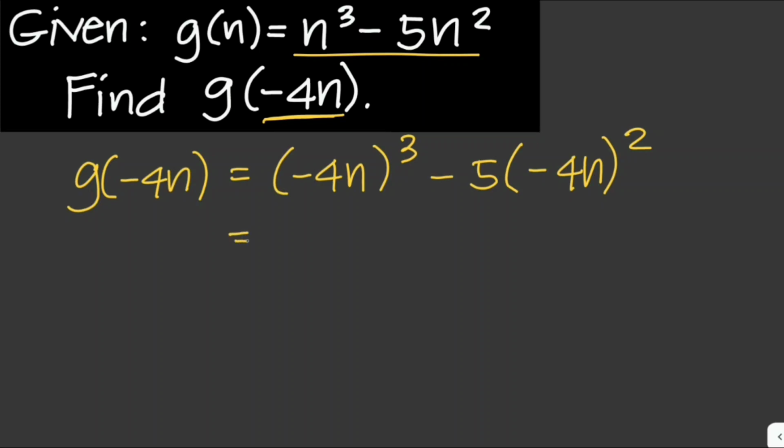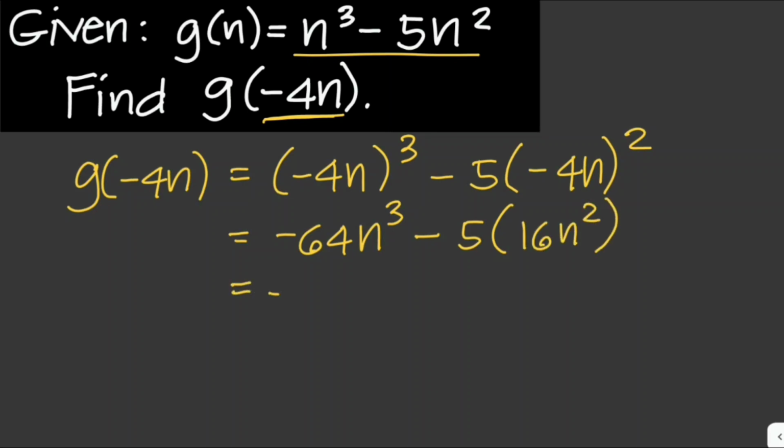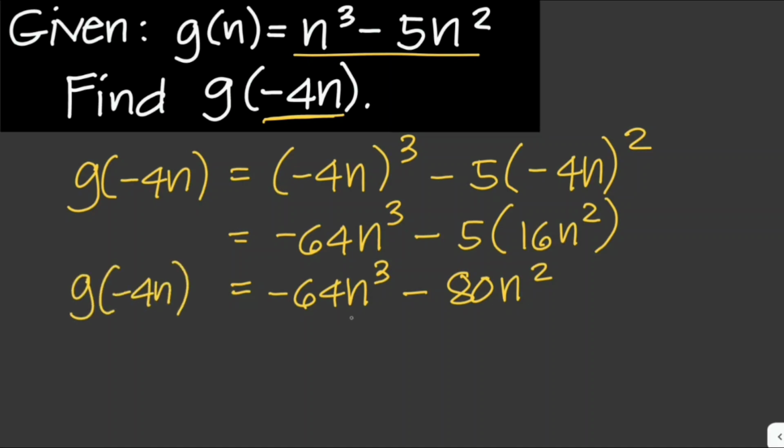Then simplifying this, negative 4 cubed is just negative 64, and then n cubed, minus 5 times negative 4 squared is 16 n squared. So we have negative 64 n cubed minus 5 times 16 is just 80 n squared. Therefore, g of negative 4n is just equal to negative 64n cubed minus 80n squared.